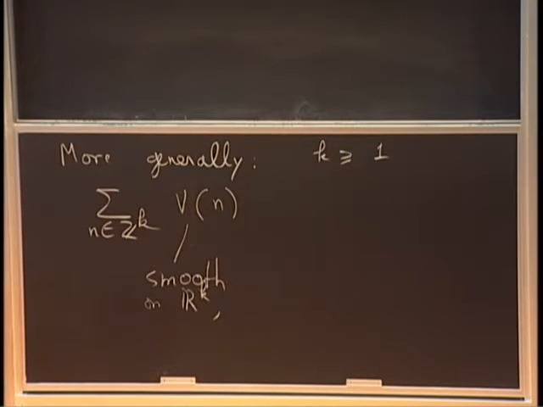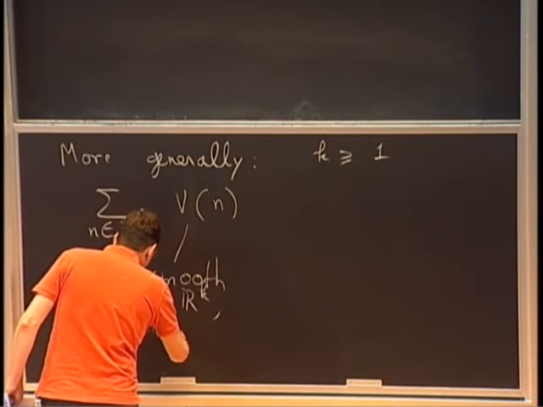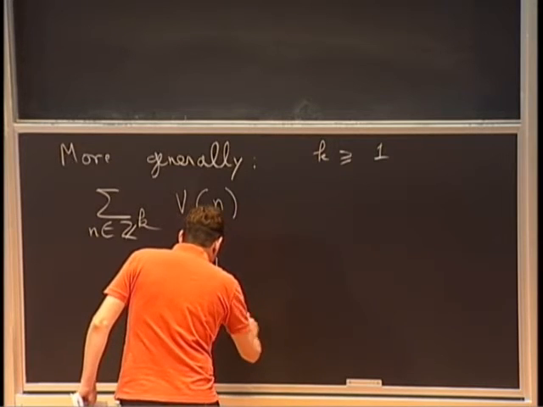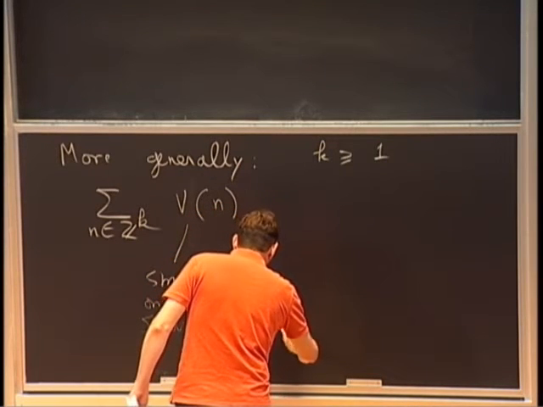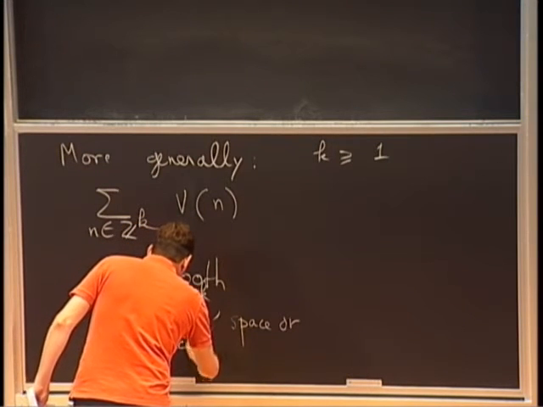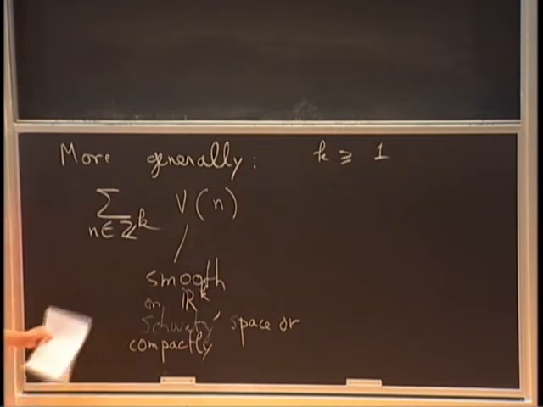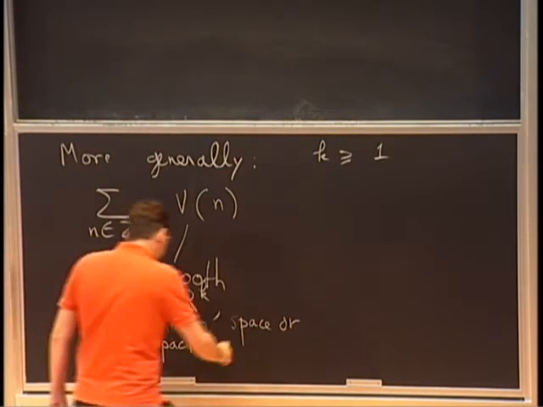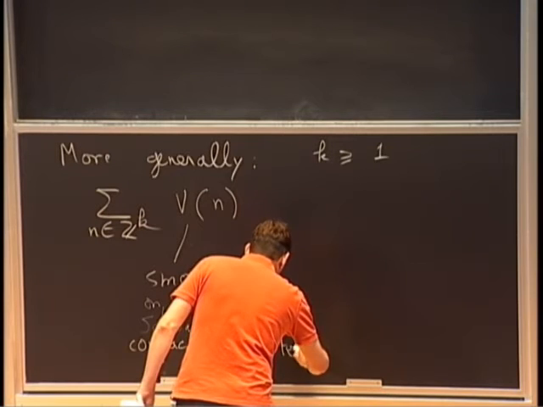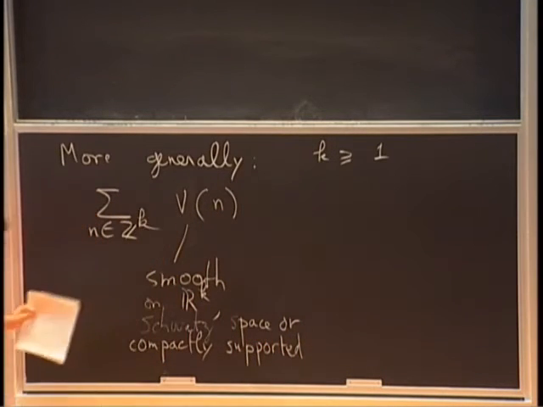So you can think compactly supported, or you could take it in the Schwarz space, which is a bit more symmetric sometimes. So if you've never seen the Schwarz space yet in your studies, just think compactly supported. It certainly doesn't make much of a difference. Okay, so Schwarz space means decays faster than any polynomial at infinity, and all the derivatives also decay faster than any polynomial at infinity.